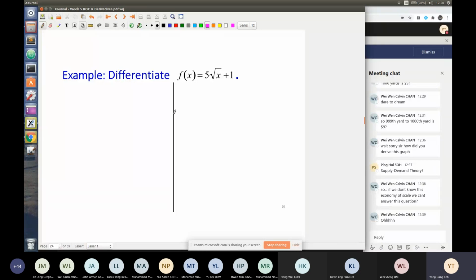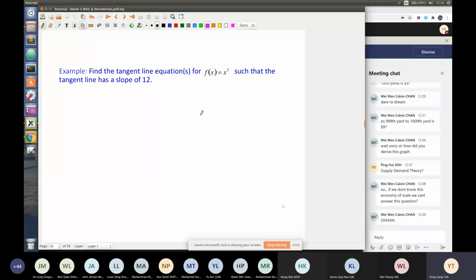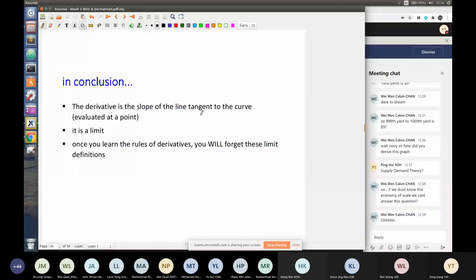Instead, I will work out these two examples offline, and then we will have the midterm exam test until this slide. Everything from day one until this point will be tested for your midterm exam.